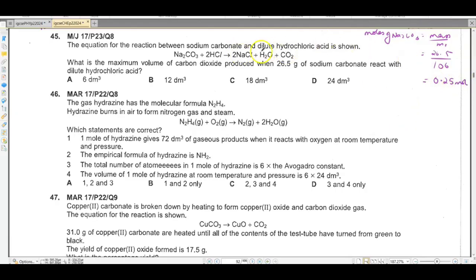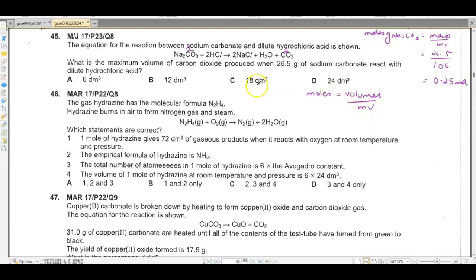Now, since we can see that the moles of sodium carbonate and carbon dioxide are in the same ratio, the moles of carbon dioxide would be the same as the moles of sodium carbonate. Now, by using these moles, we can find the volume of carbon dioxide produced. The formula for that is moles is equal to volume of carbon dioxide over molar volume.